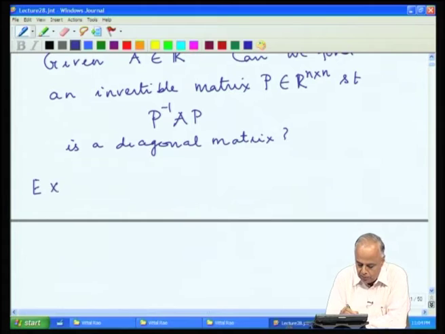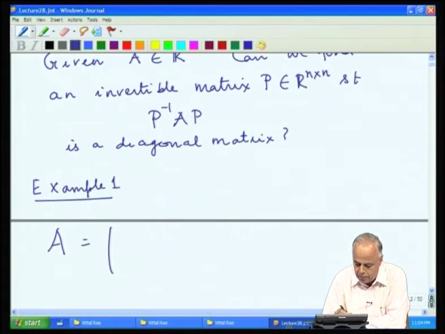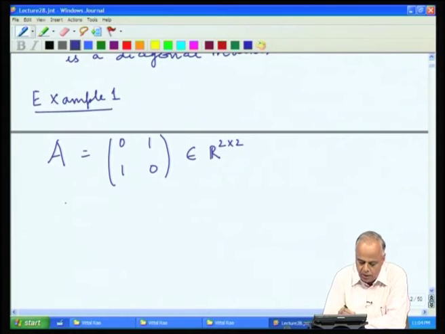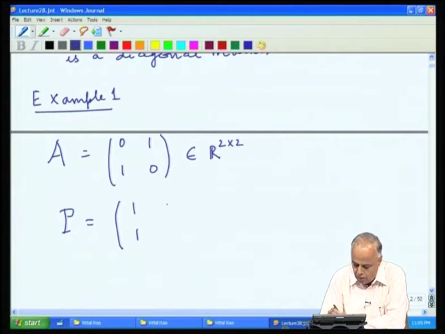First example, let us take the 2 by 2 matrix 0 1 1 0. So, it is a real 2 by 2 matrix. Now, consider this matrix P, we shall see later how we found this P, 1 1 1 minus 1.